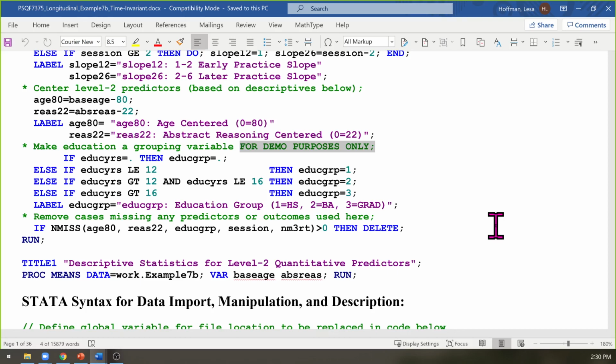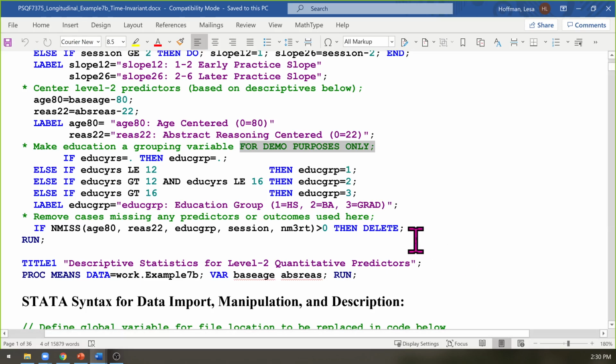It introduces measurement error unnecessarily. So I'm doing this just so I have a categorical variable to show you how that would look. So I arbitrarily made 3 groups for this continuous variable for years of education, where less than or equal to 12 years of education is the low group, greater than 12 years up to 16 years is the middle group, and then past 16 years is the high group.